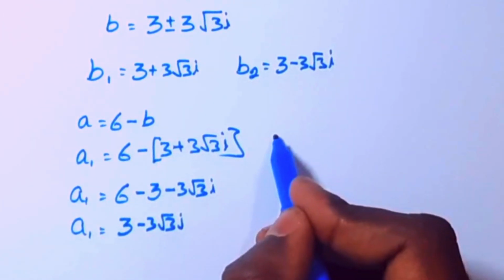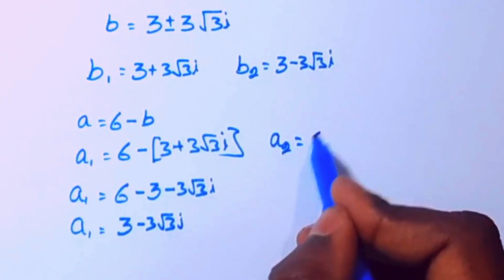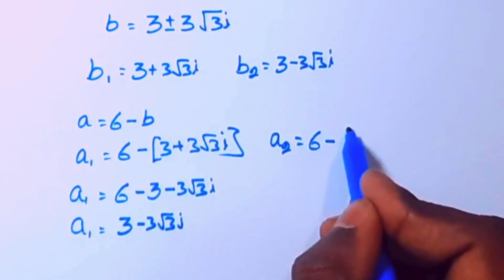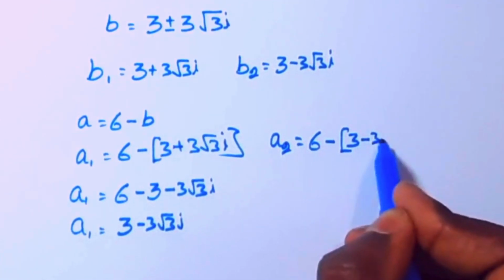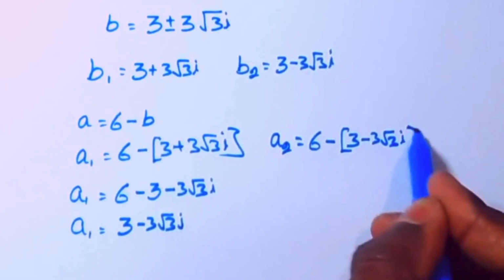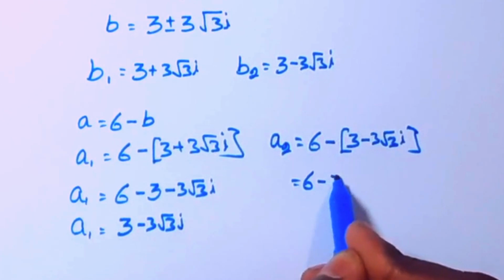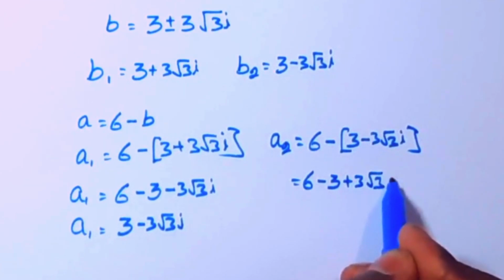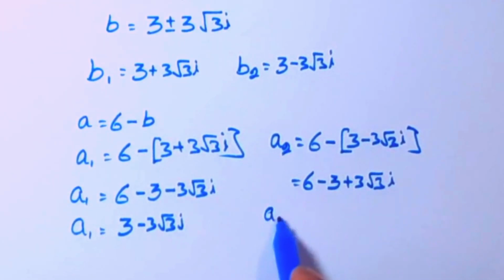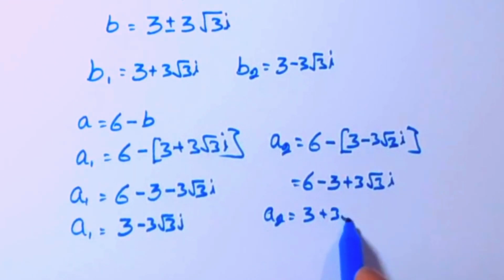This side, a2 equal to 6 minus open bracket 3 minus 3 square root of 3i close bracket. This 6 minus 3 plus 3 square root of 3i. Now a2 equal to 3 plus 3 square root of 3i.